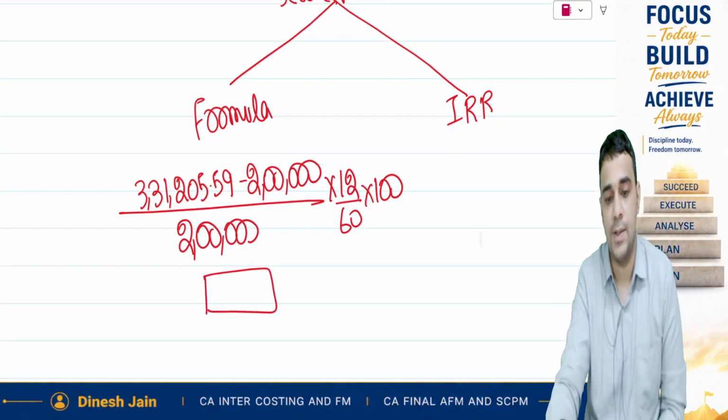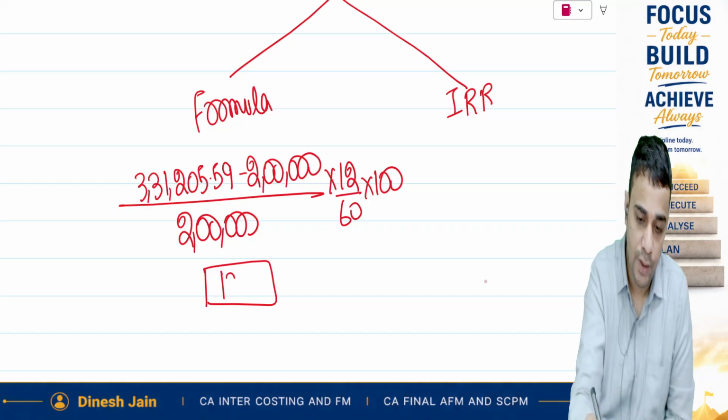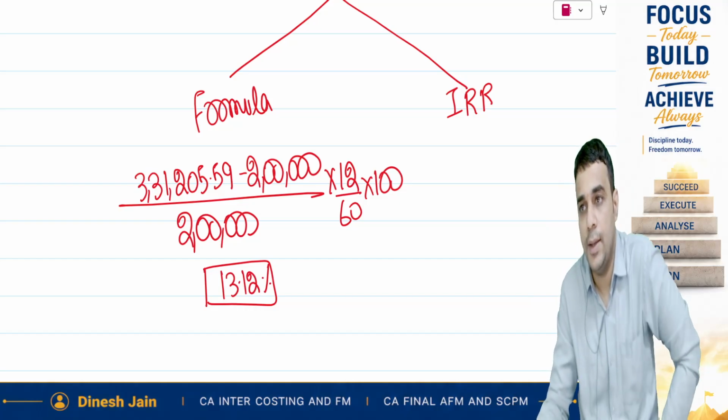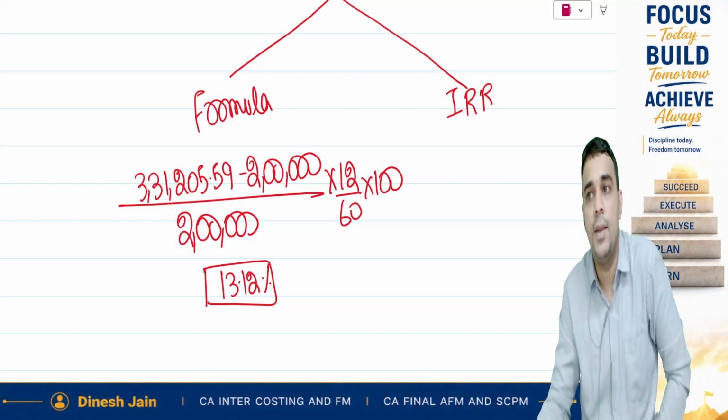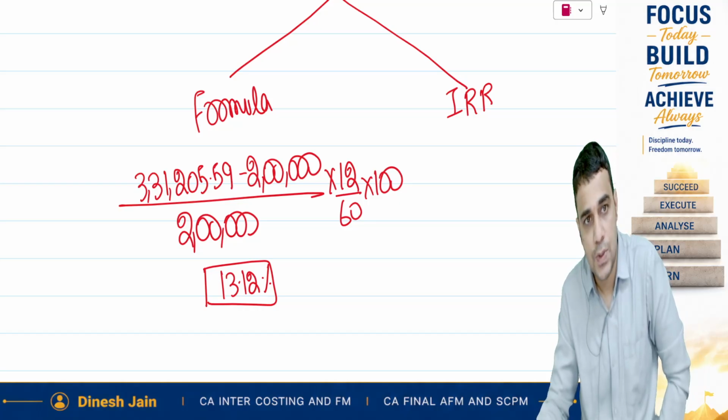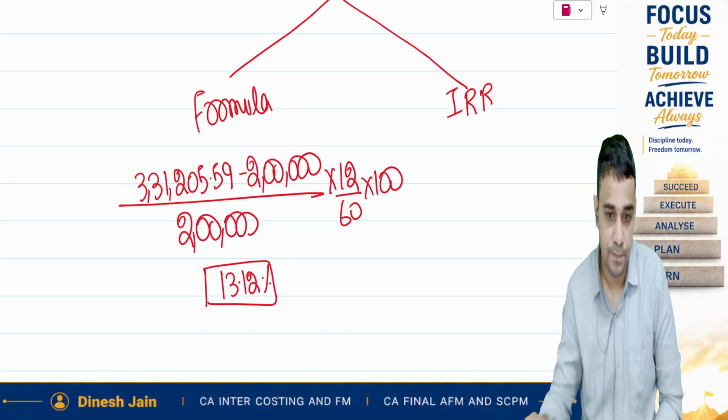Give me a 2 decimal answer. 13 point. IRR will be lower than 13.12. Clear? Understood? Can we proceed?